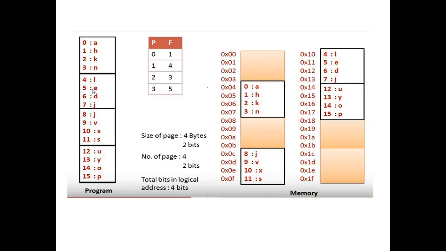Now you can see the pages are already placed in the frames. These are the 4 pages placed in the frames, and which page is in which frame, you get this information from the page table. In the page table we have 2 columns. One is the page number and one is the frame number. From this we understand page 0 is in frame 1 and page 1 is in frame 4.